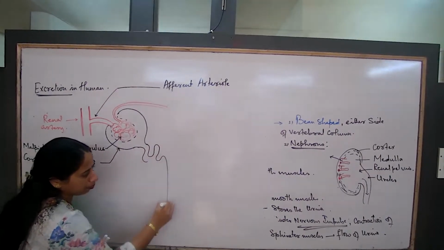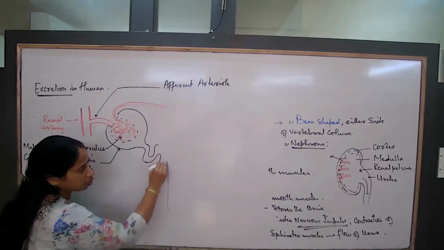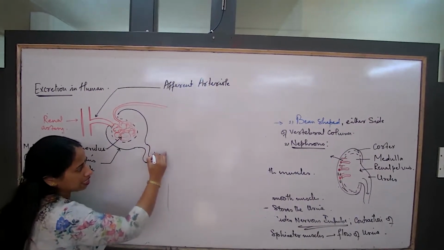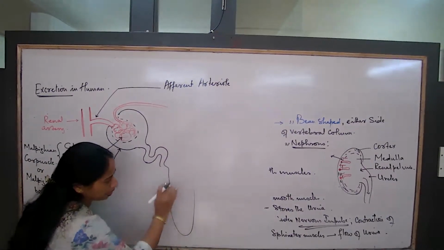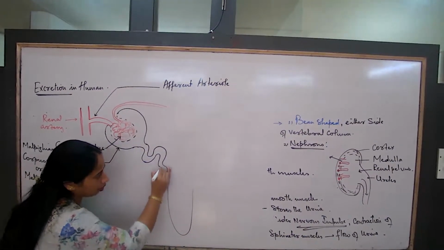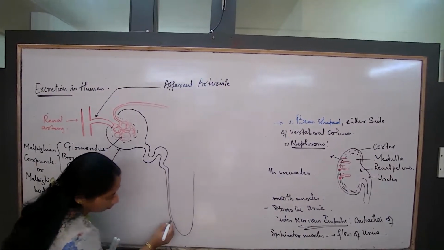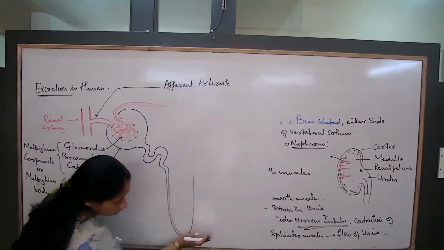So we talk about the major parts of the tubule. Let us understand that the first part of the tubule would be more or less present in the cortex. Then we are talking about a very, very long U-shaped structure, and this is known as the loop of Henle.